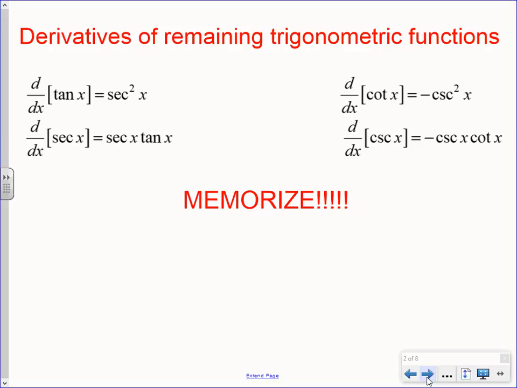If we wanted to figure out the secant or cosecant derivatives, we can use the quotient rule with 1 over cosine or 1 over sine to get those. That is not a very efficient way to find these derivatives every single time. We can do the quotient rule once and remember that this is going to happen.